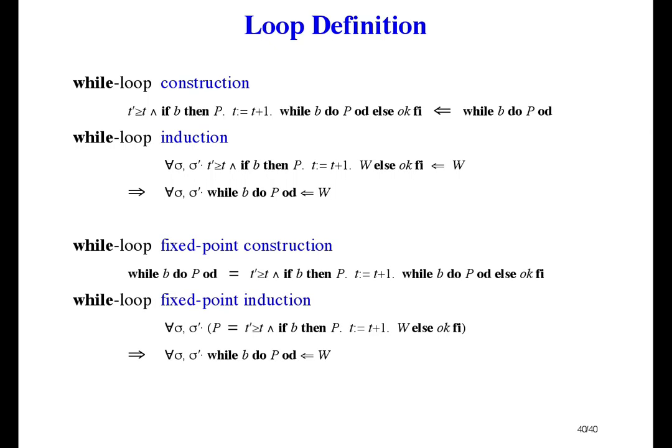We could also write fixed point construction and induction by changing an implication into an equation. The fixed point definition is equivalent to the ordinary definition. If you ever hear the term least fixed point semantics, this is what it means. It's the most popular way to define the meaning of loops, but I think the way I defined loops in the previous chapter is both simpler and more useful.